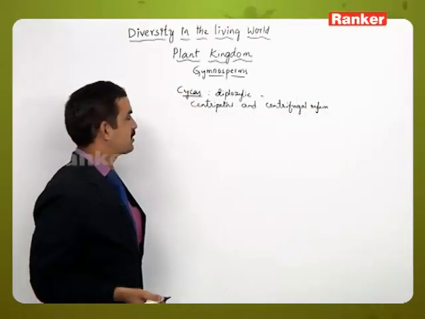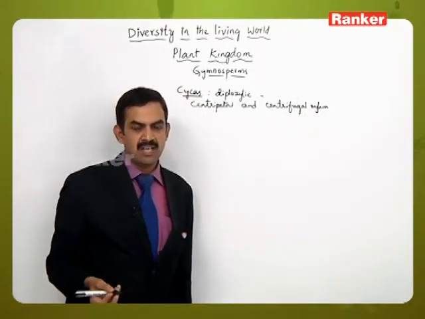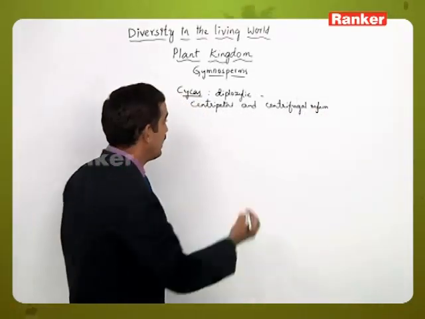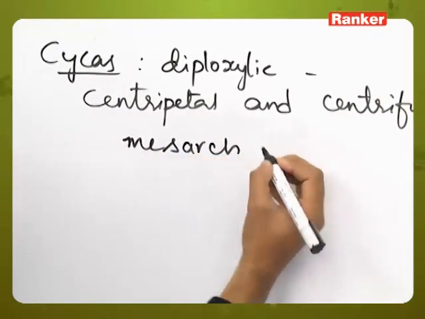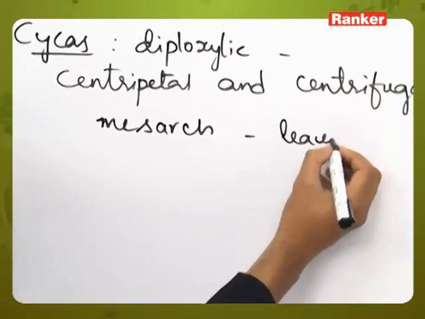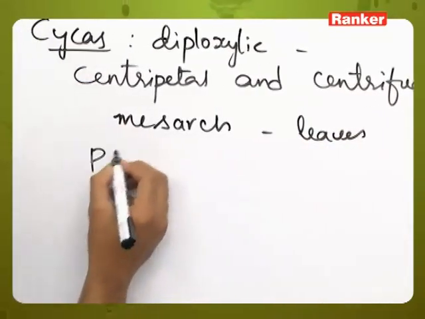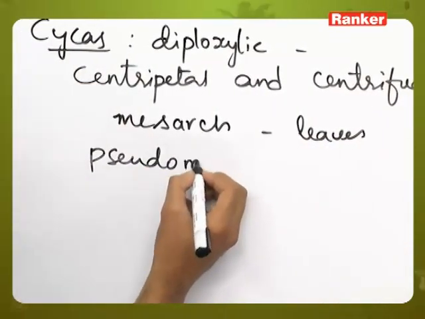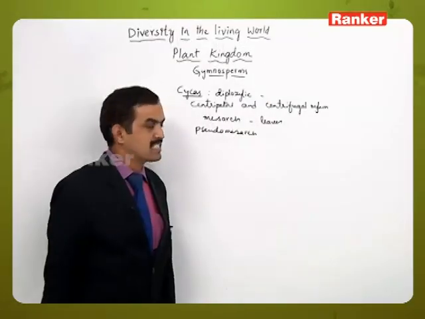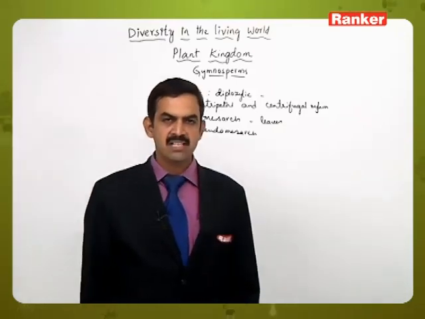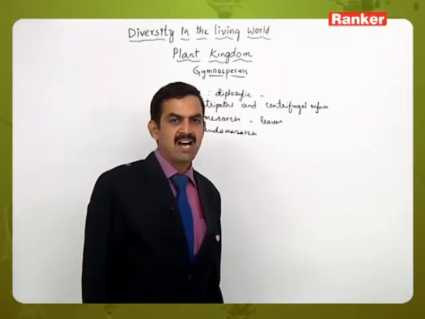So this is a special feature that can be seen in examples like Cycas. Then some will show mesarch condition in the leaves, and Cycas will show pseudo mesarch condition because of the arrangement of the centripetal and centrifugal xylem. It is called a pseudo mesarch arrangement.